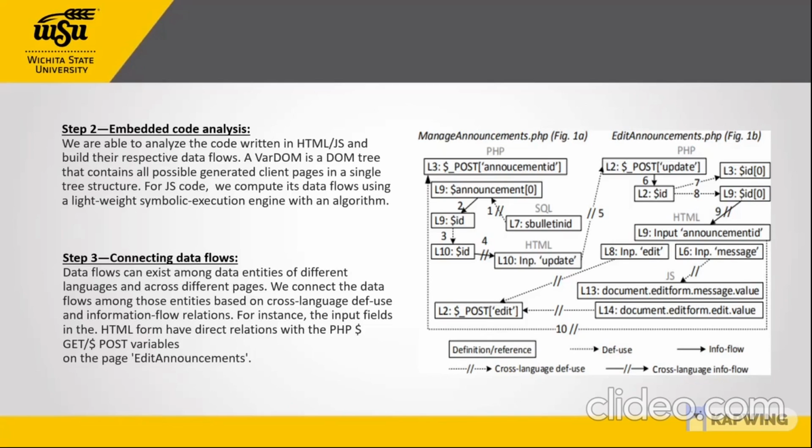Through this step, we obtain the data flows for the entire web application. The figure below shows the data flow graph for our example, in which the nodes represent the definitions or references of entities, and the edges represent direct data flow relations.